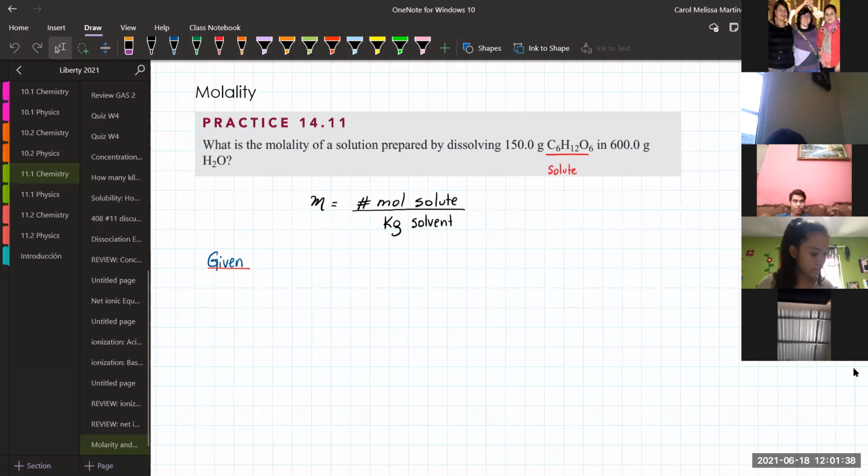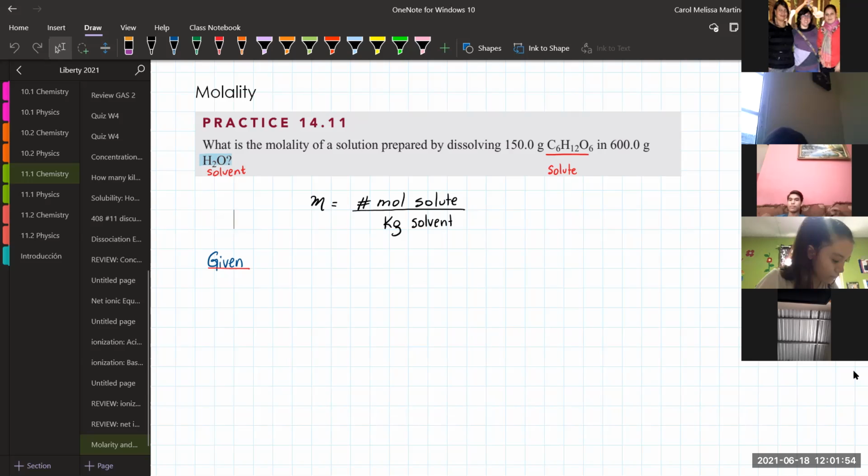Therefore the water will be the solvent. Okay, that's the most important step because it allows you to arrange the data according to the equation.